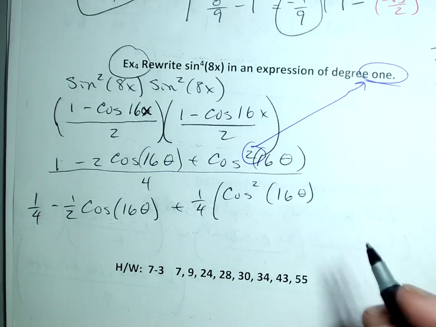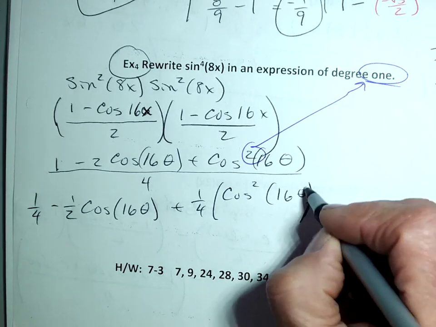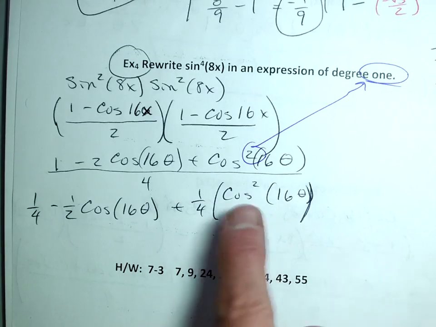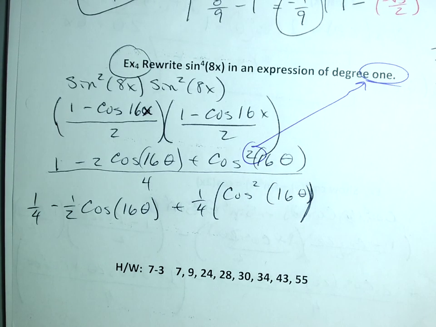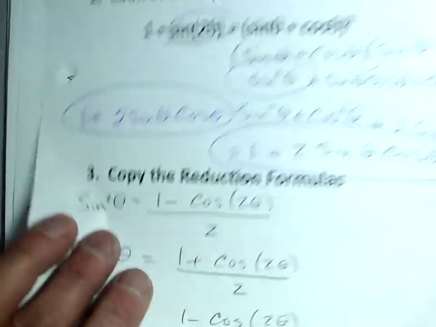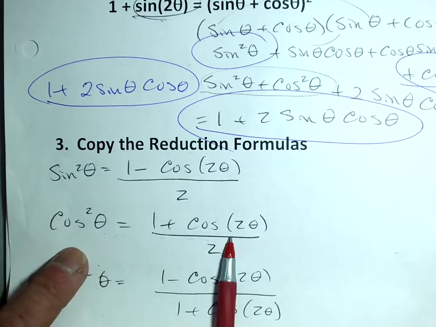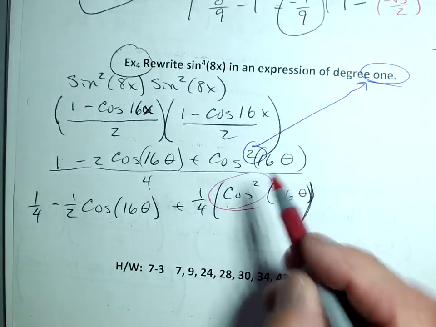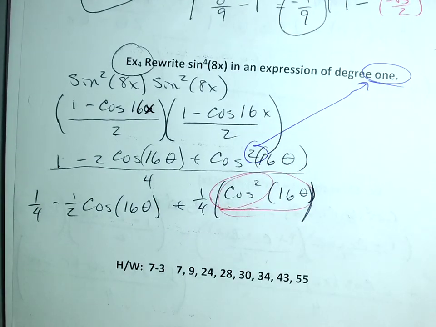Now, I'm getting there. I really am. So now I'm going to do one more. I'm going to take this cosine squared here and change it to 1 plus cosine of 2 theta over 2, okay? So I'm going to change this into its double angle form. So, okay, ready?